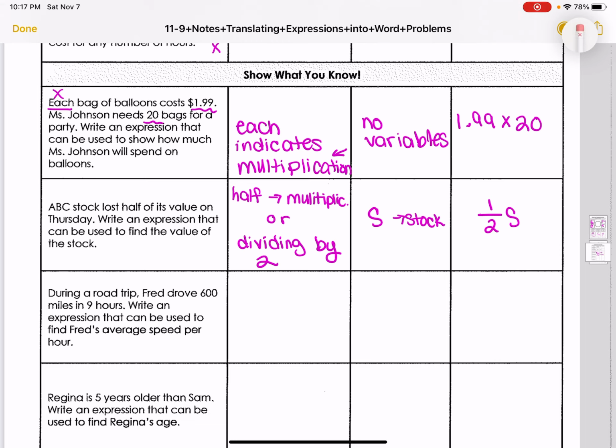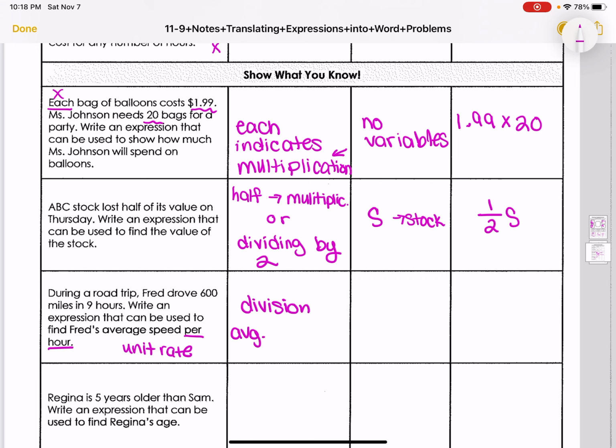So during a road trip, Fred drove 600 miles in 9 hours. Write an expression that can be used to find Fred's average speed per hour. So this is just like finding the unit rate that we did a couple weeks ago. So that's unit rate, and that's using division. Anytime we're finding the average, we also know that we're going to be using division.